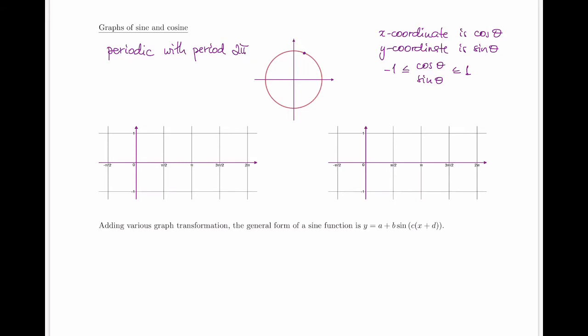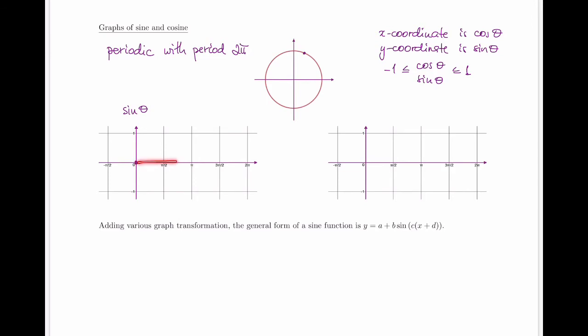So let's start with the graph of sine of theta. Again, recall that sine is the y-coordinate, so we will just try to put some points on the graph to see how it actually looks. At 0, we're looking at this point. The y-coordinate here of this point is of course 0, which means that on my graph that will correspond to the point 0 here.